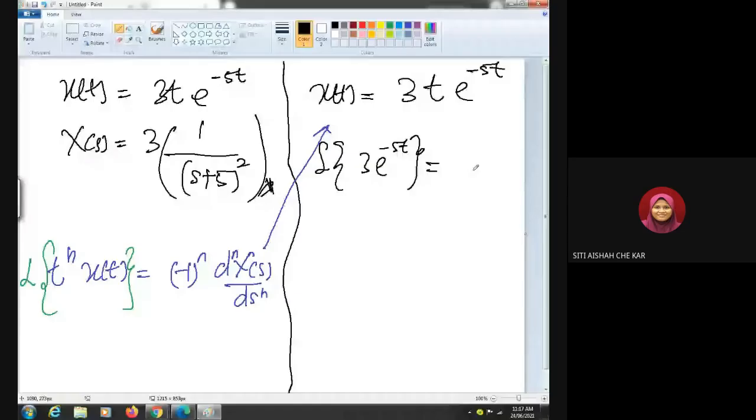Anyone? 3 darab 1 per S plus 5. Kita darab S plus 5. Betul? Kan? Betul tak? Betul.